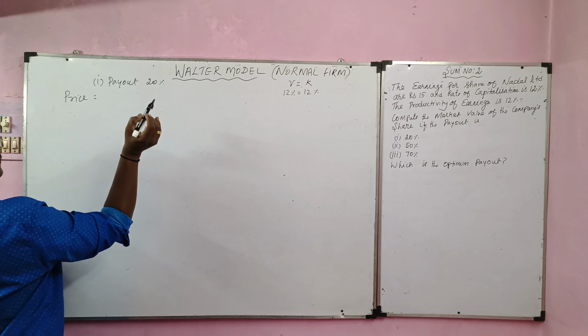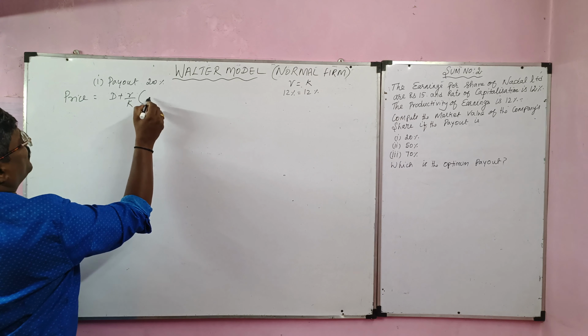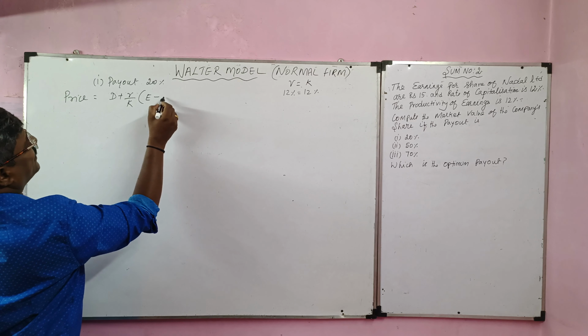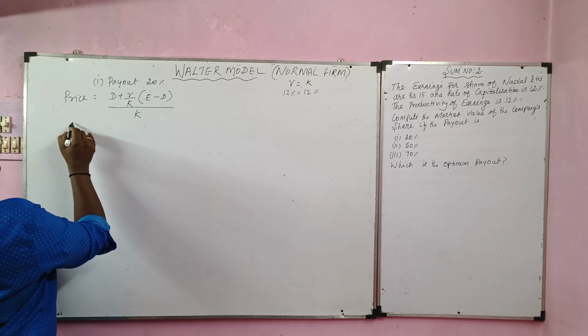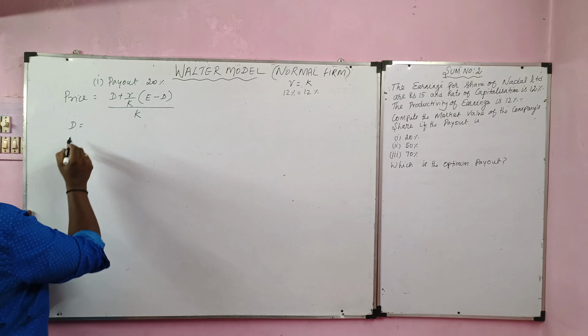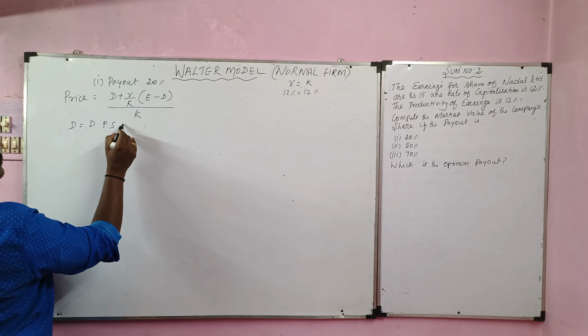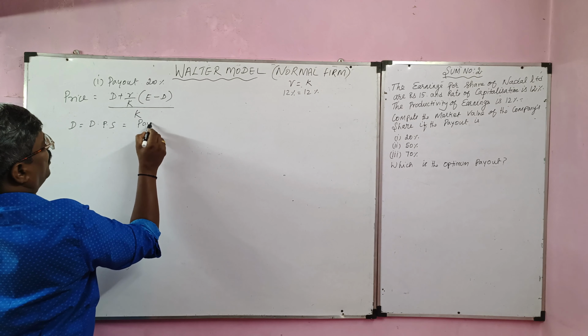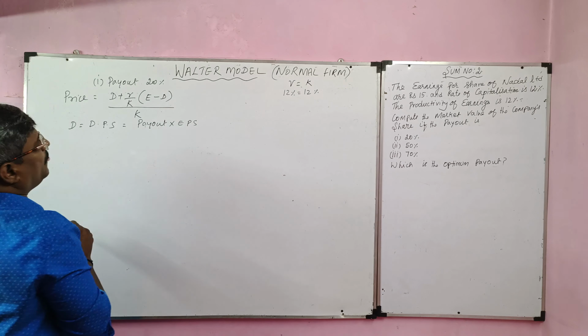The formula is D plus R by K, open the bracket, earning per share minus dividend per share, divided by K. First we have to find D. D means dividend per share. The formula is payout into earning per share.